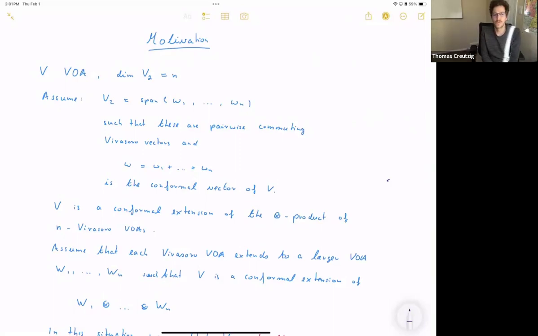You can extend it. For example, a lattice VOA is nothing but an extension of a Heisenberg VOA. And then you can look at sub-VOAs, invariant sub-VOAs like orbifolds or cosets. And one very important construction is, of course, also the quantum Hamiltonian reduction, which gives you the W algebras.